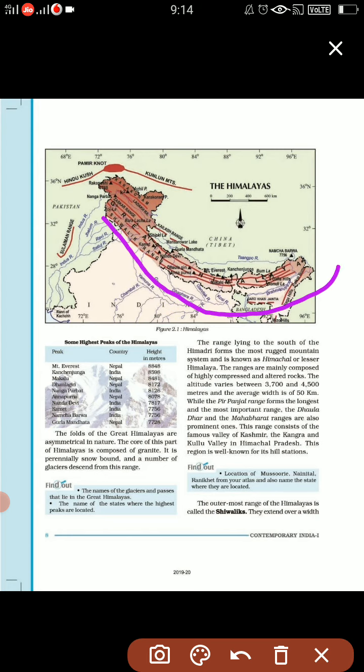And children, see, these ranges are composed of unconsolidated sediments. All the sediments brought by the rivers from the main Himalayas are located here. Fine. The valleys here are covered with thick gravel and alluvium.